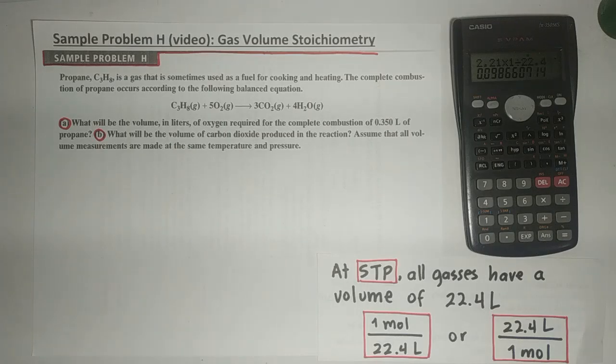Okay, now let's take a look at the next problem. This is about the topic gas volume stoichiometry. So as you can think, it is about stoichiometry, but this time, instead of grams, we're going to use volume.